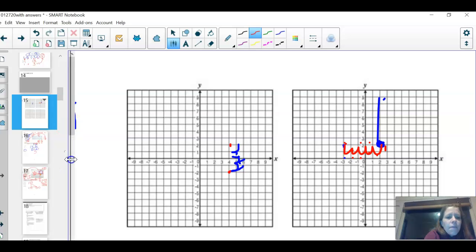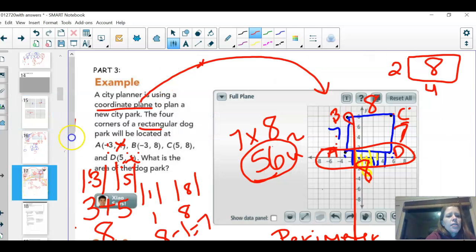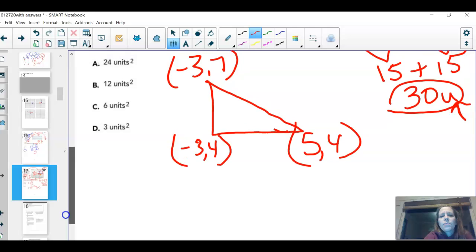Now I can just count, and I have this little right triangle right here. It's the same thing. Okay, so now I've got 1, 2, 3. Yo tengo 3. 1, 2, 3, 4, 5, 6, 7, 8. Okay, so I have 3 and 8. Let's see if I get the same thing using the other way.